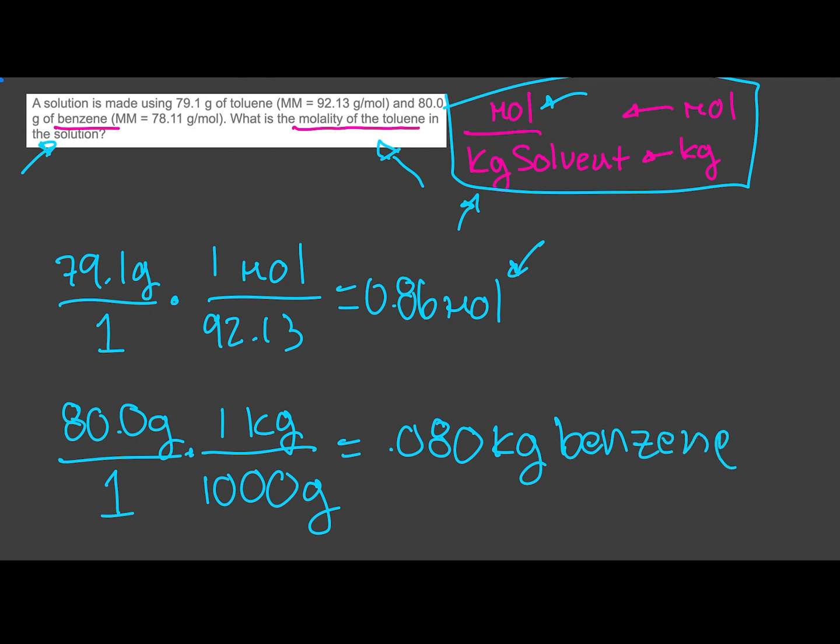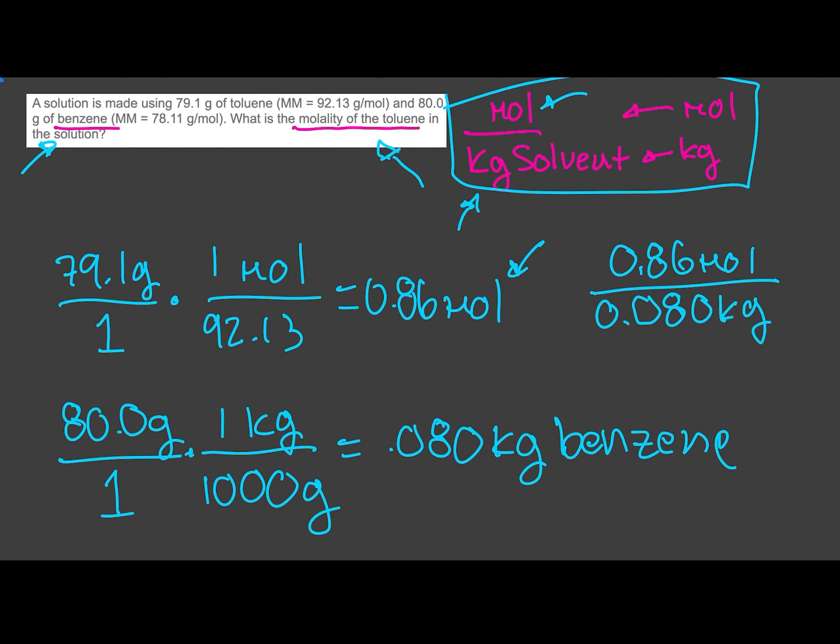So now, one last thing, we need to figure out what is the molality. We have both of these values right here. Now we need to figure out how they relate to each other. All we have to do is put 0.86 moles on top, and on the bottom we put 0.080 kilograms.